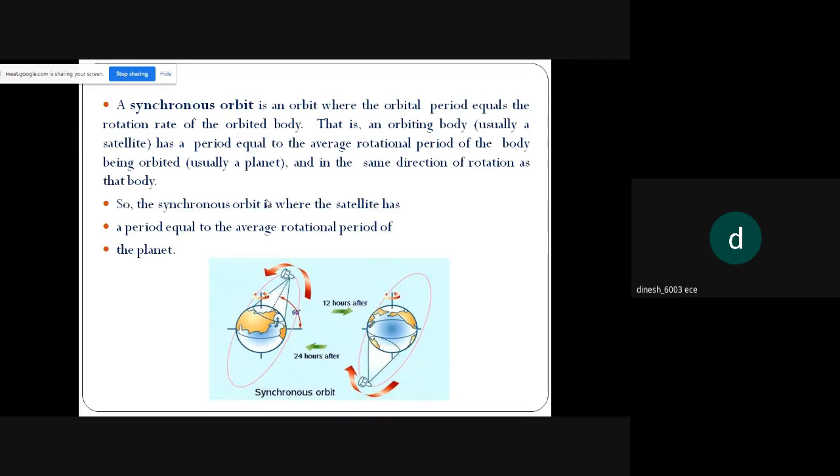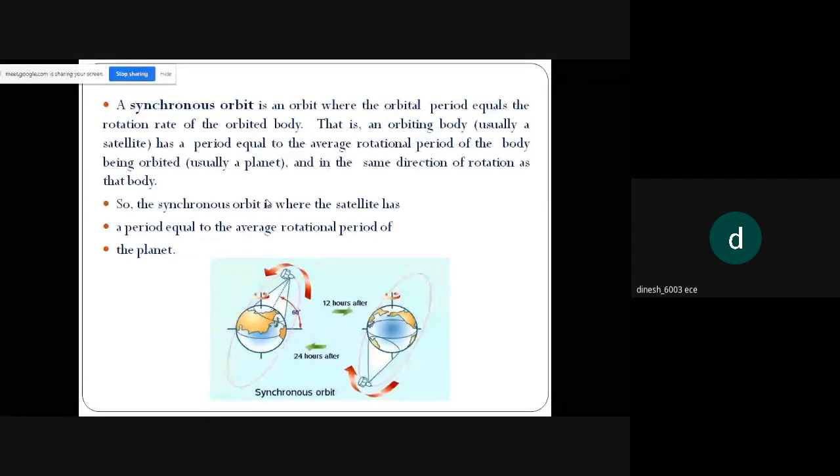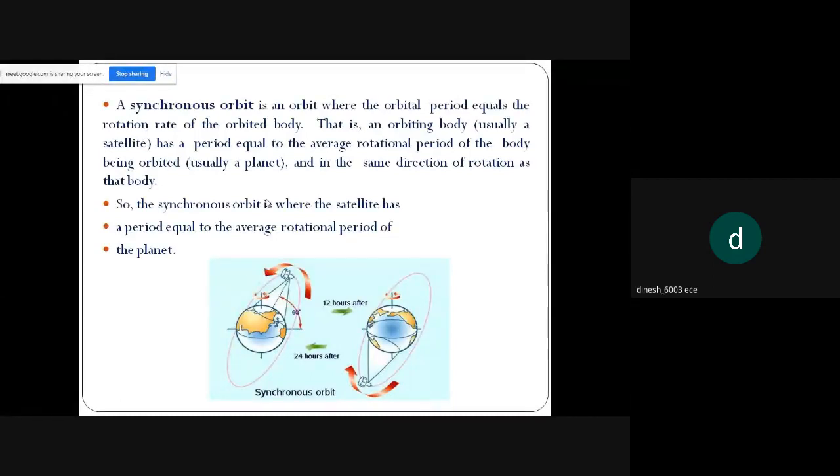Okay, synchronous orbit, you can see 24 hours and 12 hours. After 24 hours, where is the satellite? After 12 hours, where is the satellite? If both are in sequence, then we call that the satellites are placed in synchronous orbits.